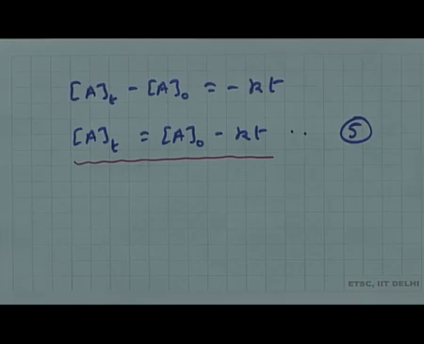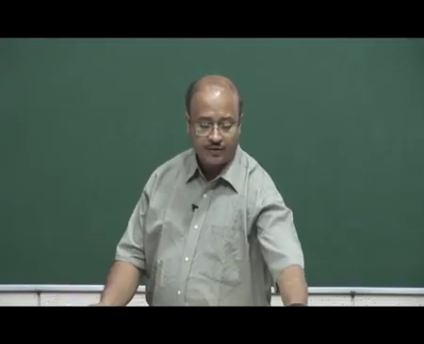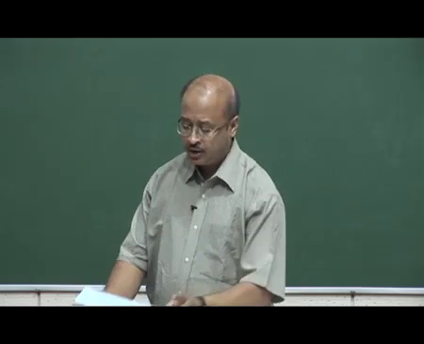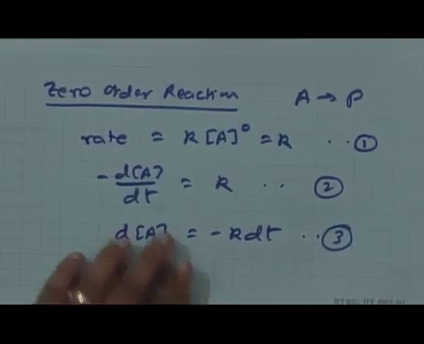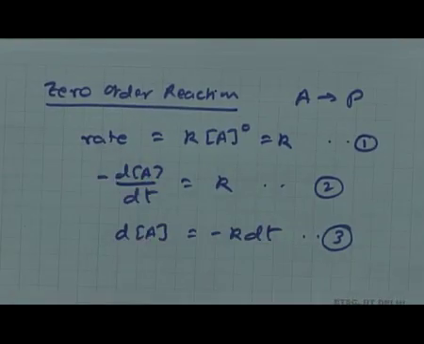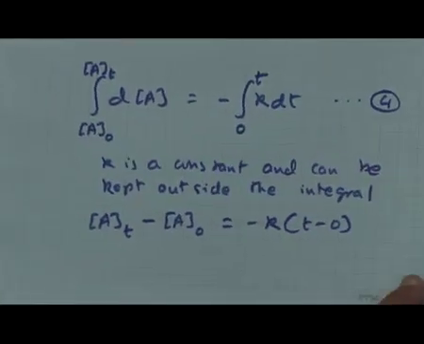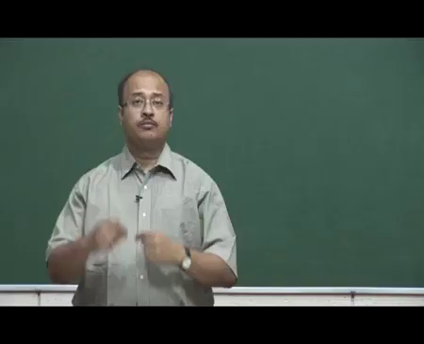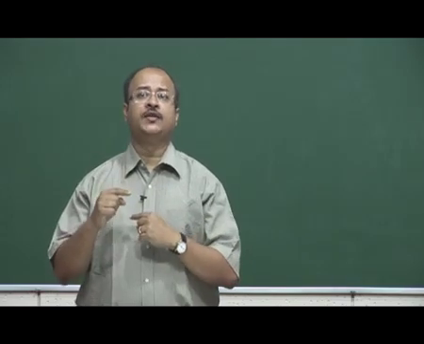Okay. So, what does this tell me? Once I have integrated my 0 order reaction with A going to P, and I have set up my equations like this, I did the integration within the defined limits, a definite integral within the defined time limits.